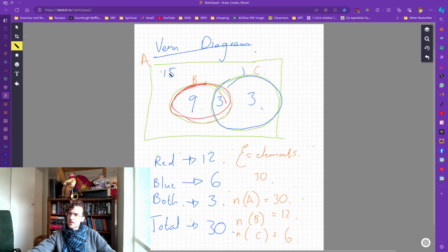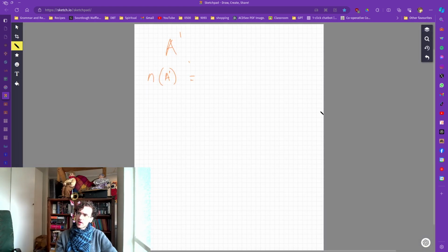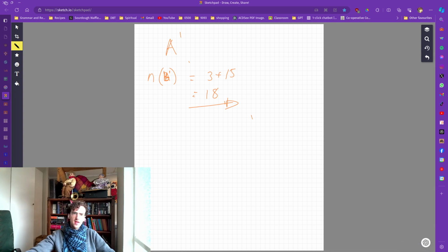So let's do not B. Everything that's not in B would be this 3 and this 15, right? So my number of elements in not B would be 3 plus 15. And this is called my complement.